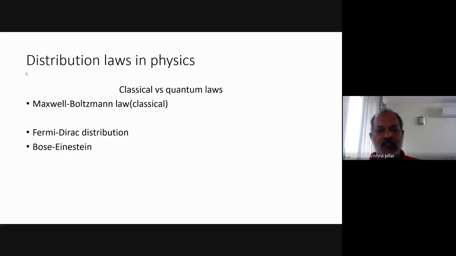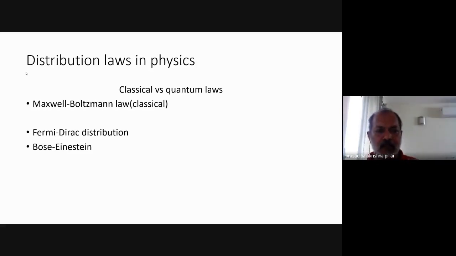The first one is the classical one, the oldest distribution law. It was used for gas molecules in the development of the kinetic theory of gases, and it is for distinguishable particles.